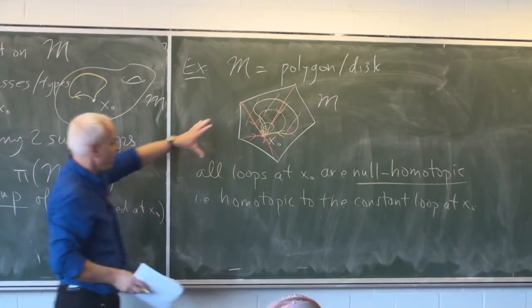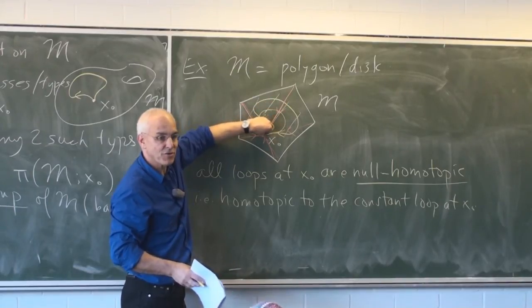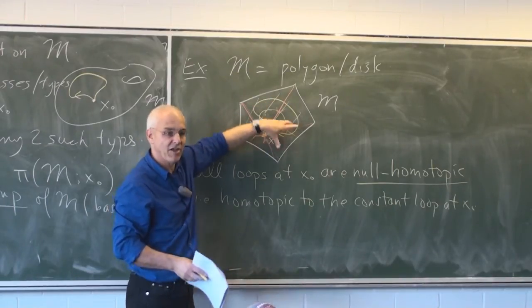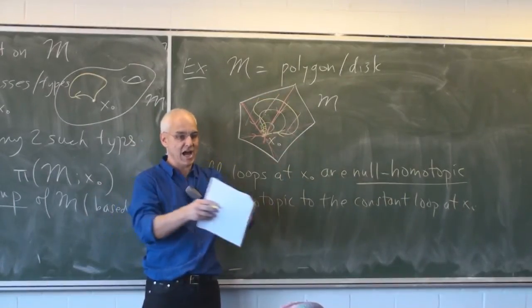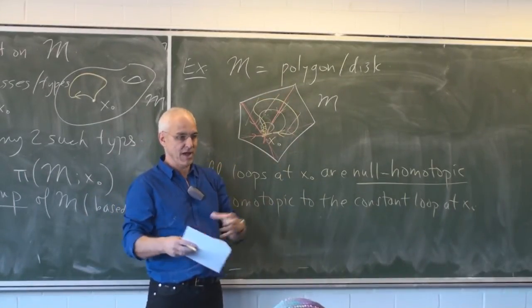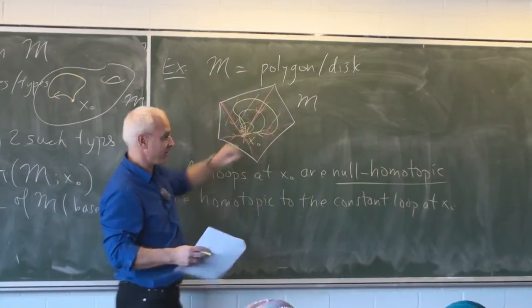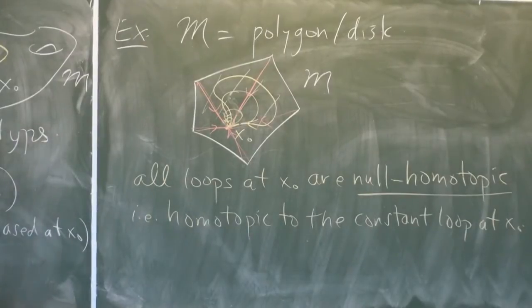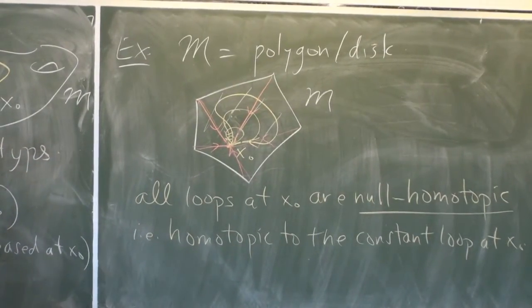So that's a homotopy from any loop, in fact, to the constant loop. It doesn't matter what the loop does, because this shrinkage affects the entire space and allows you to shrink the entire space to the point. So everything is going to be caught by that movie and shrunk to x0. And that means that there's really only one element in this group.